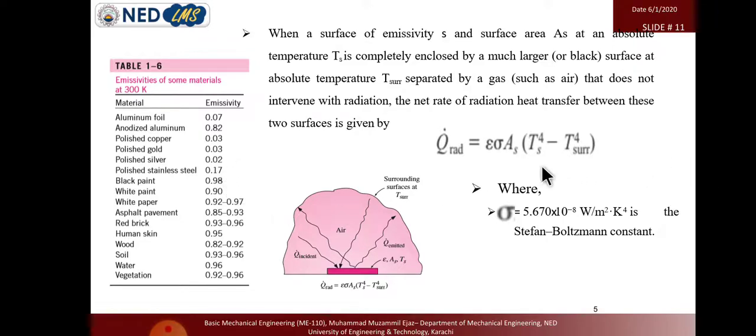And surface area, we already used in conduction and convection, the same as in radiation. In conduction and convection we have a difference of temperature, like Ts minus T infinity, T1 minus T2. But in radiation we have a power of 4, not a power of 1.